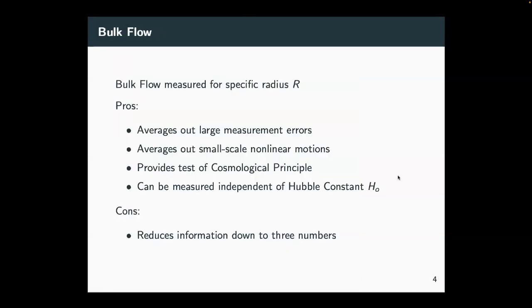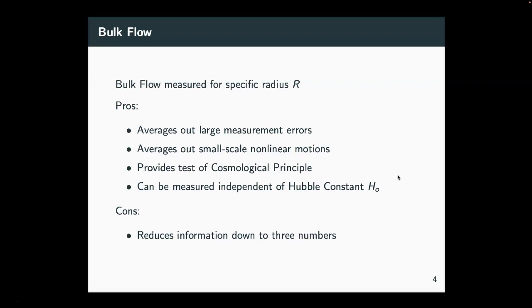So some of the advantages of the bulk flow: we average out these large measurement errors. Even though the individual velocities have huge errors, when you average all the galaxies in the volume, you can get smaller errors for the bulk flow. It also averages out the small scale nonlinear motions, so we can apply linear models to analyze the results.